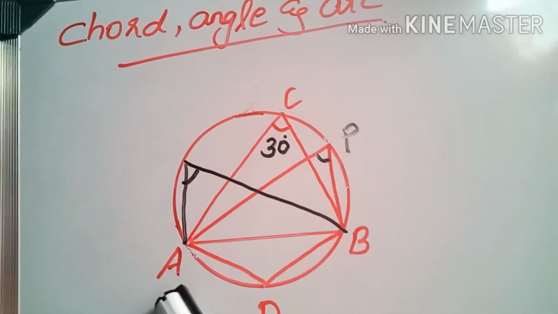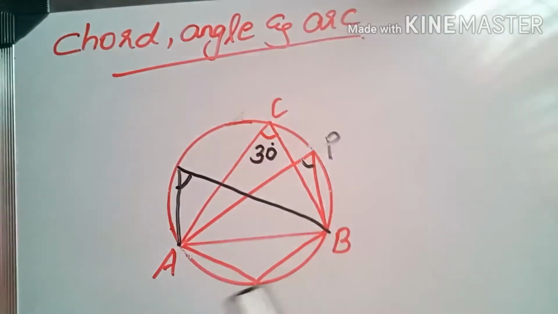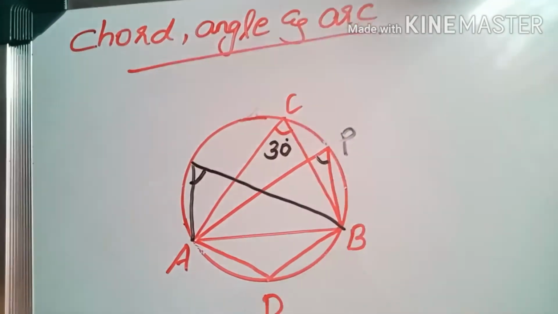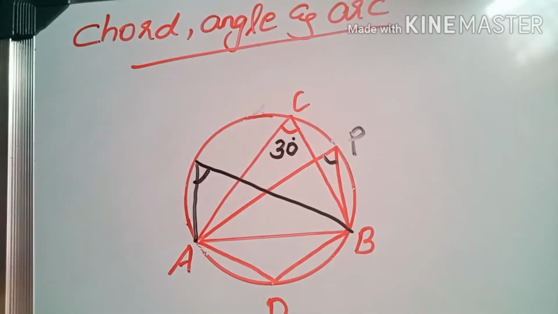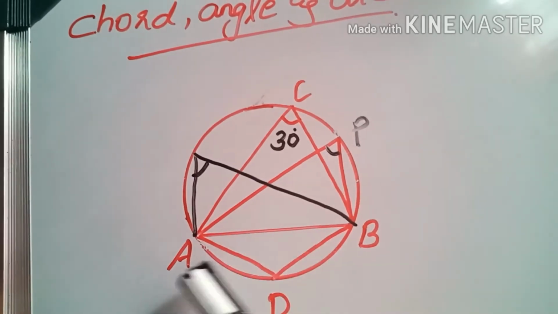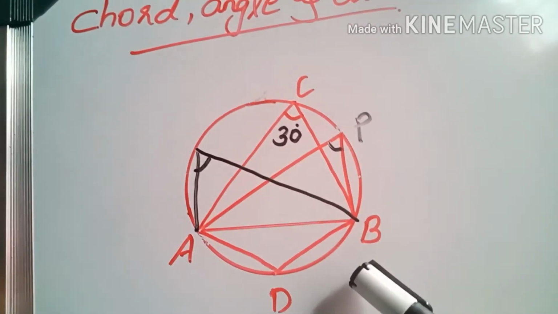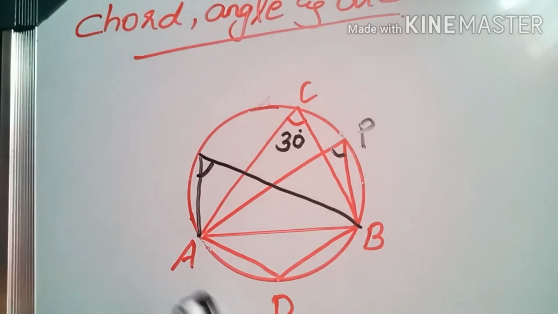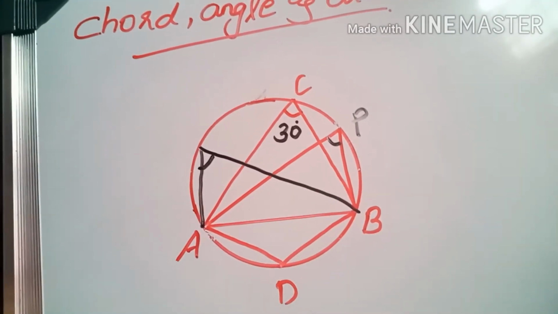Similarly, in the alternate arc, this small arc AB is the alternate arc of this large arc AB. One arc is the alternate arc of the other one. In this alternate arc also we can say the same concept, ADB. All the angles in this arc will be the same, whatever the measurement.